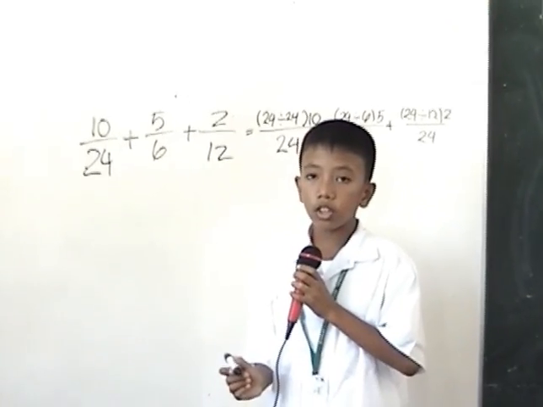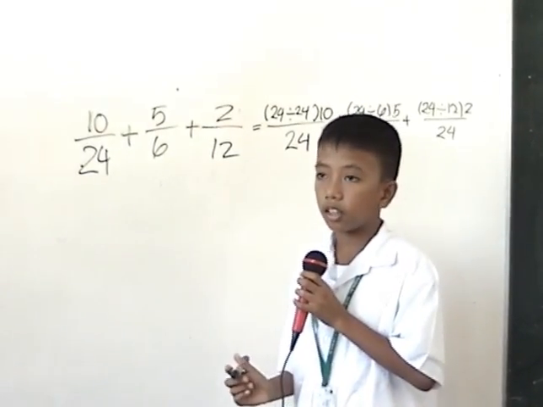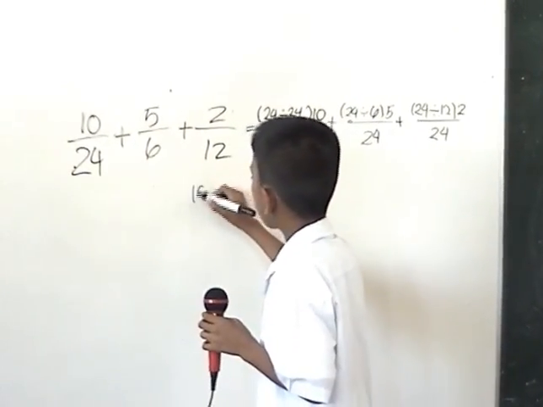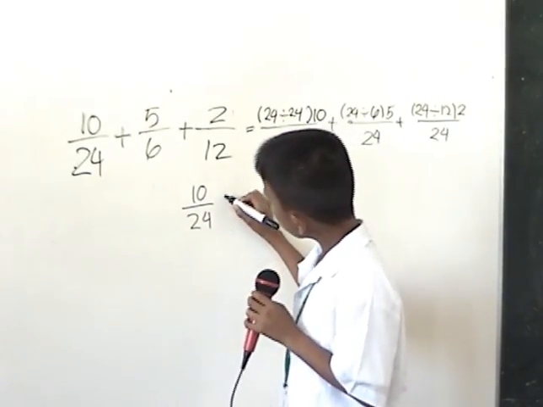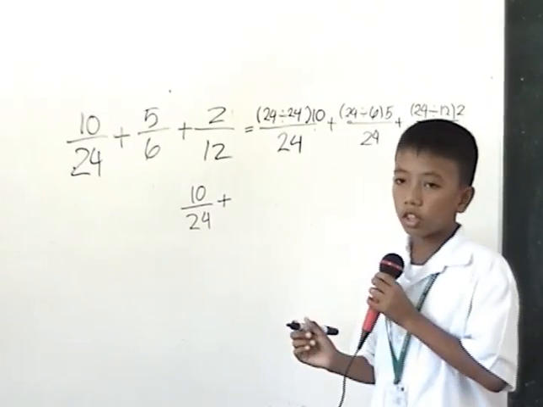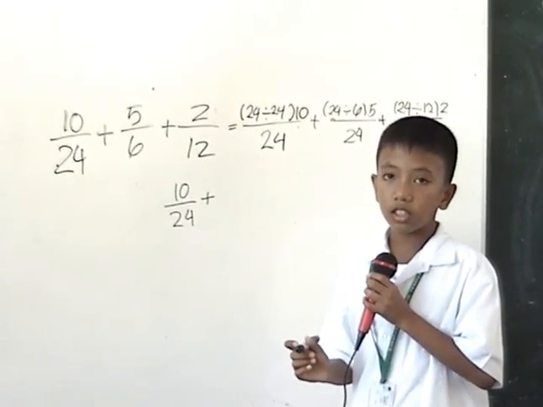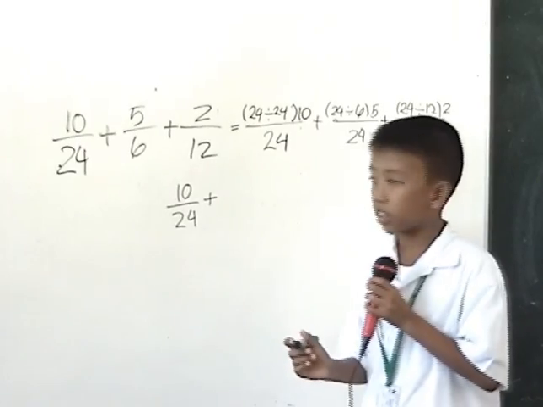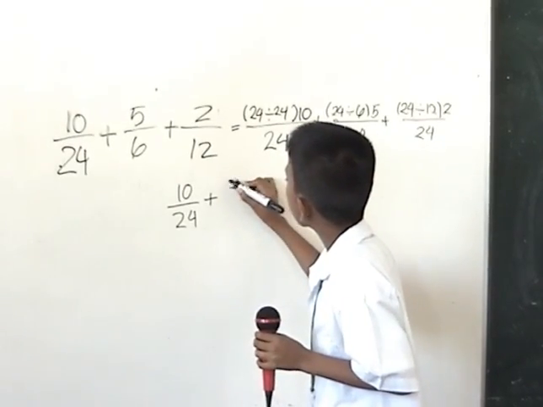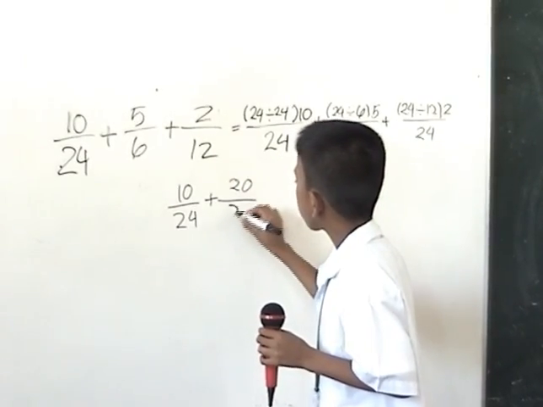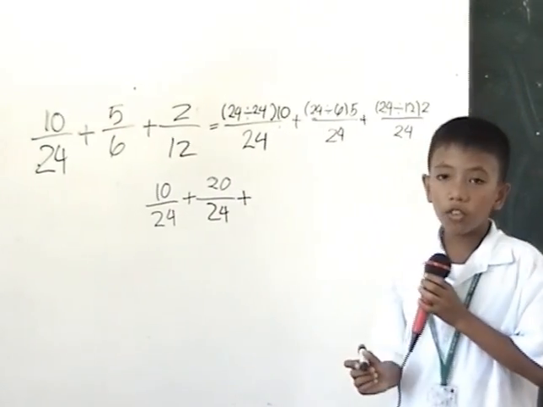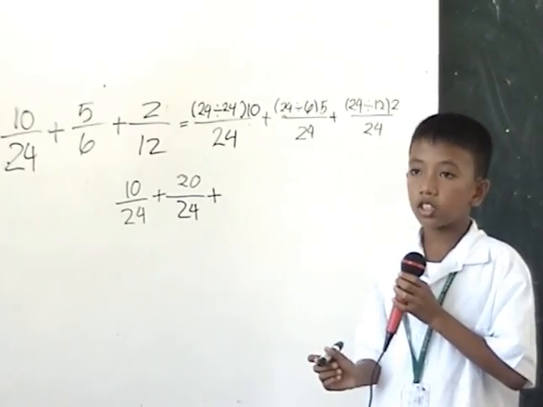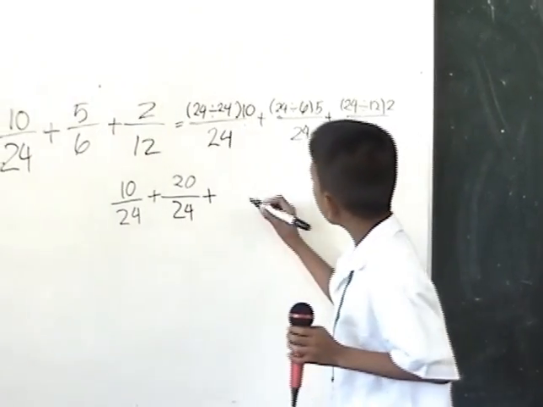24 divided by 24 is 1 times 10 is 10. Plus 24 divided by 6 is 4 times 5 is 20. Plus 24 divided by 12 is 2 times 2 is 4.